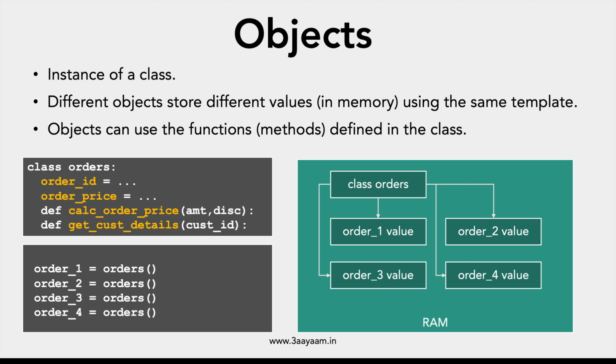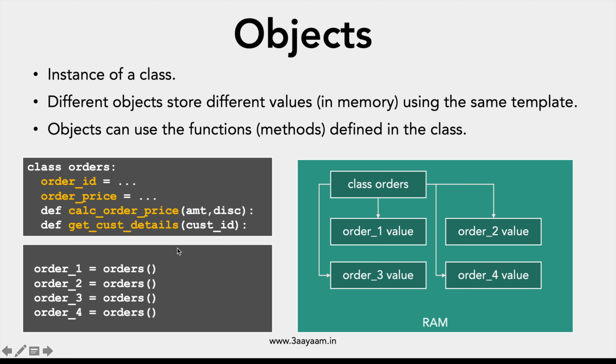Both variables can use the functions capitalize, substring, lower or upper. Both of them can use them, but they have been created from the same class, which is str, with different values. That's why those are called different instances of the same class. And here order_1, 2, 3 and 4 are the four instances of the orders class.